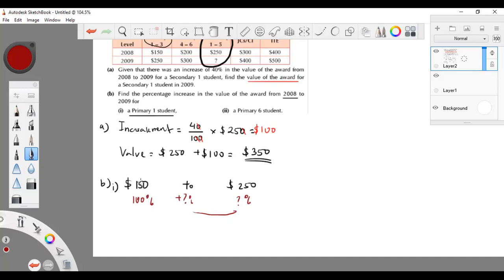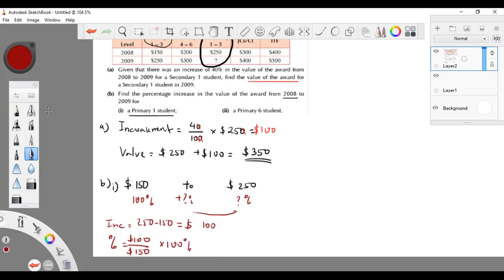Again, if $150 is representing 100%, the increase will be 250 minus 150, right? So the dollars increased is $100. The percent increase is $100 over the original, multiplied by 100%.